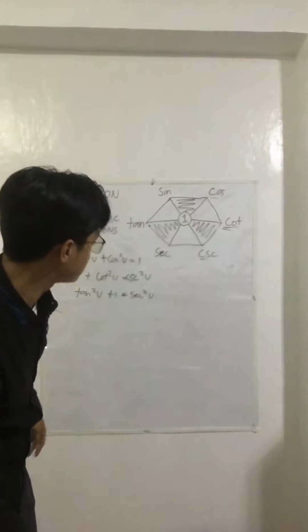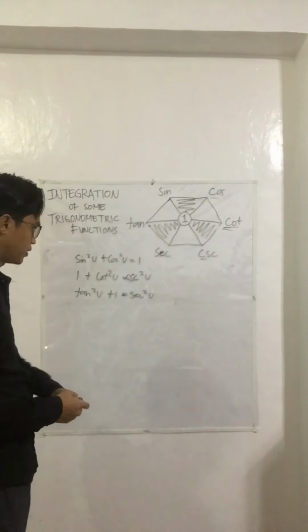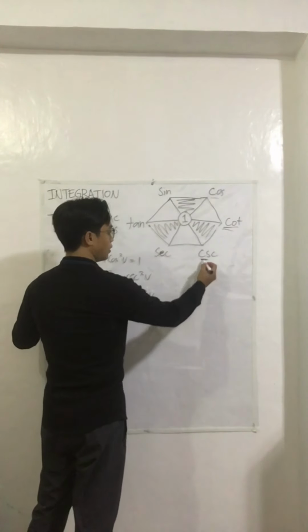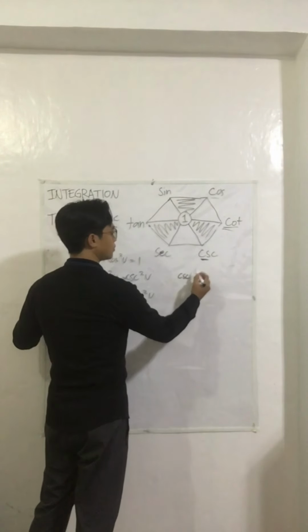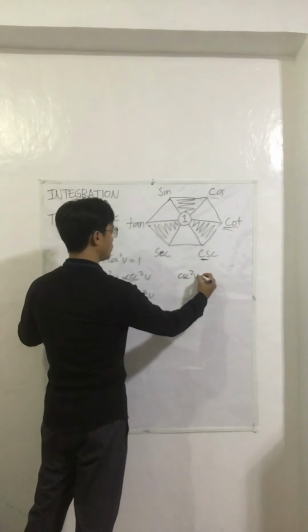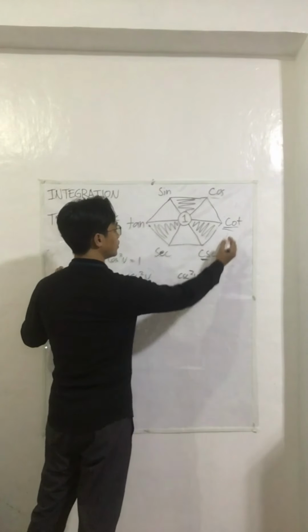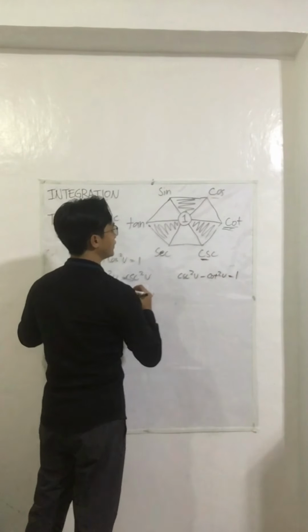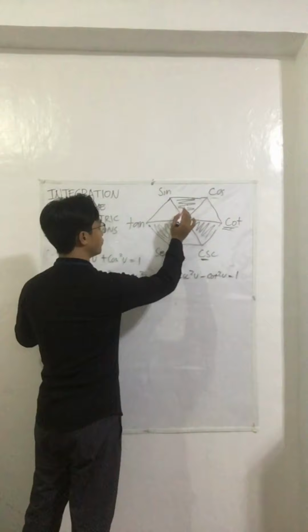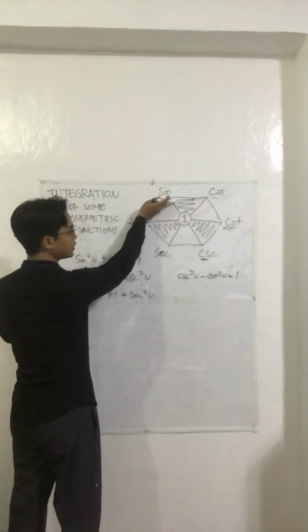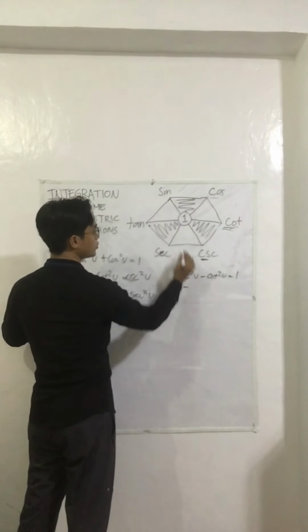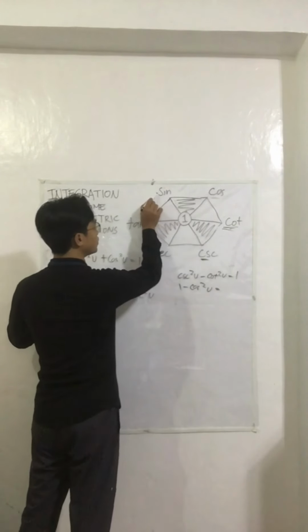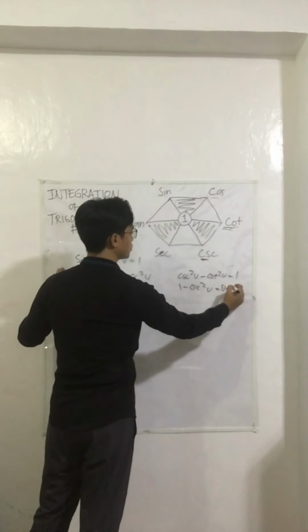To read this technique, go counterclockwise. For example, cosecant squared u minus cotangent squared u is equal to 1. And then, dito na naman sa first triangle natin, 1 minus cosine squared u is equal to sine squared u.